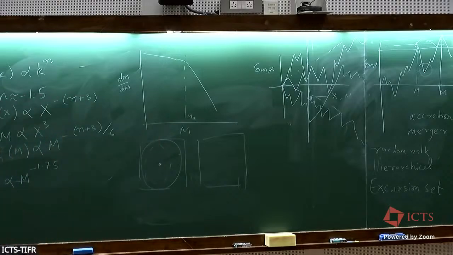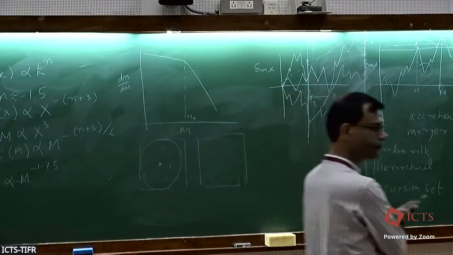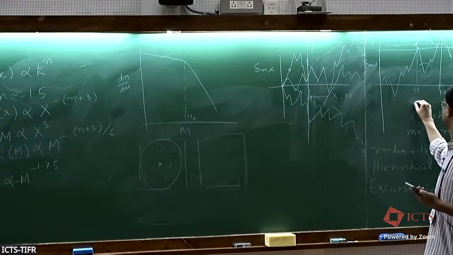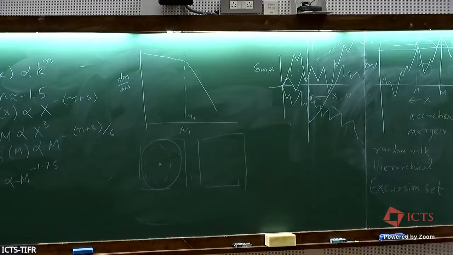So I'm trying to understand one merger scenario. This is situated at some point, and I'm increasing the radius and taking the average. So when the radius is the largest, the average is 0. In principle, these fluctuations are random.